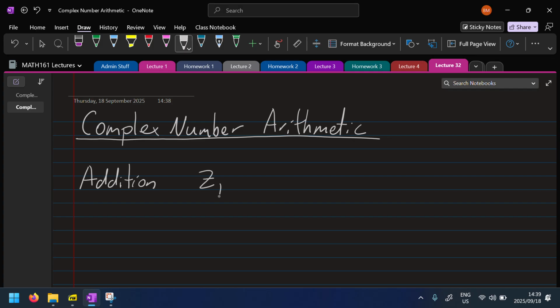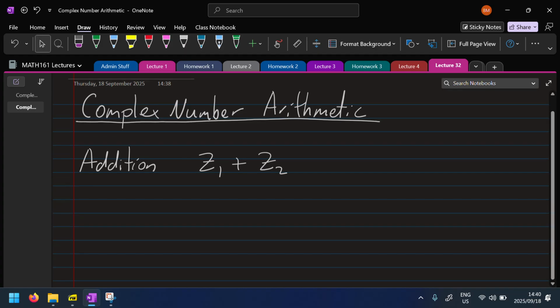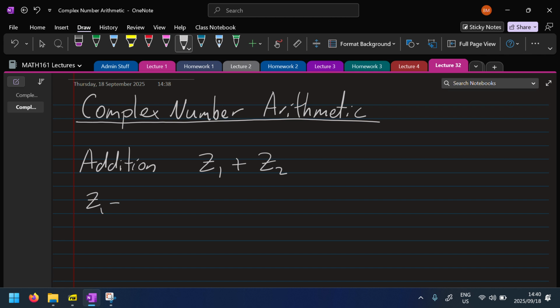Okay, so addition. We've got complex number Z1 plus complex number Z2. How does this work? We need to define how we add things. Let's say Z1 is X1 plus iY1, for some X1, Y1.